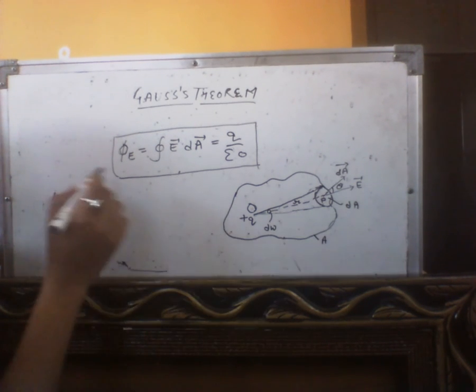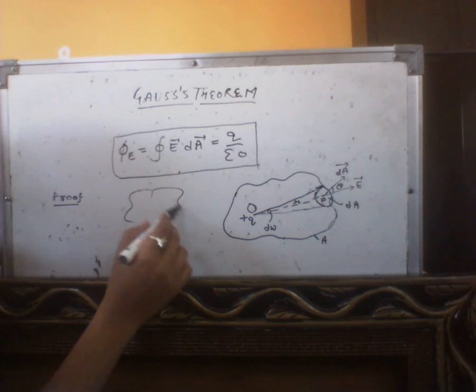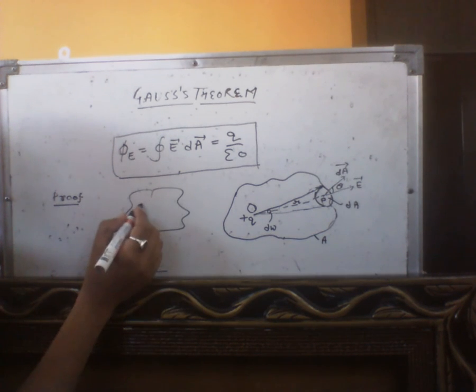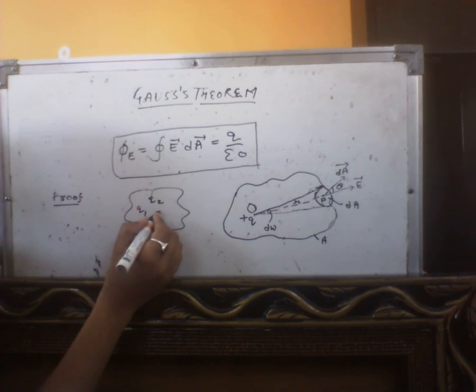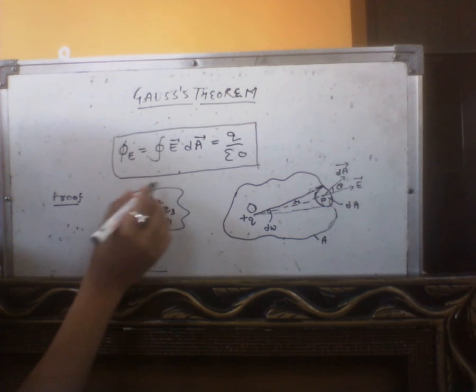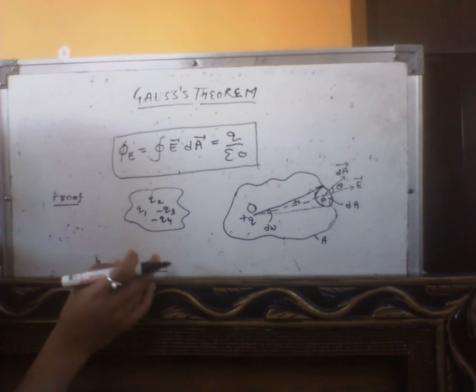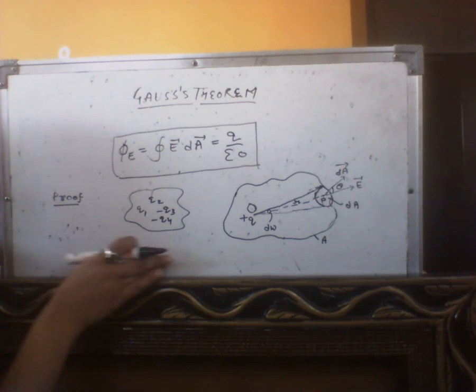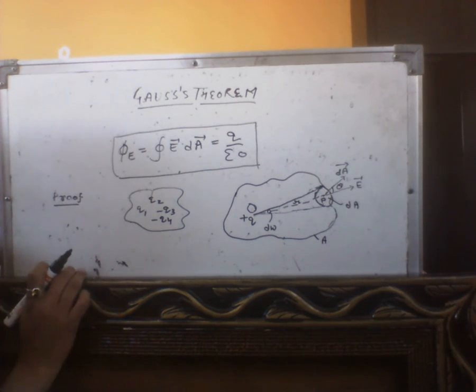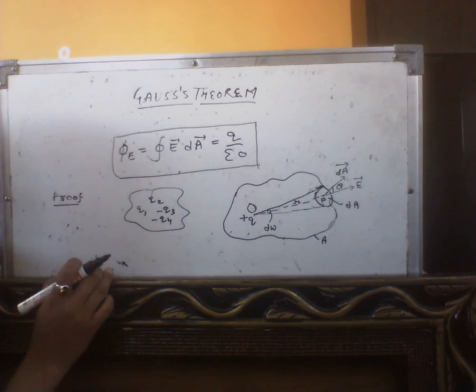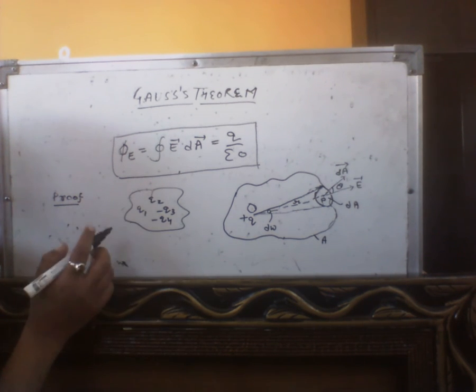Suppose there is a surface which contains q1, q2, minus q3, minus q4, etc. Then how will this formula change? As we know, the charge is additive, so the formula will change.